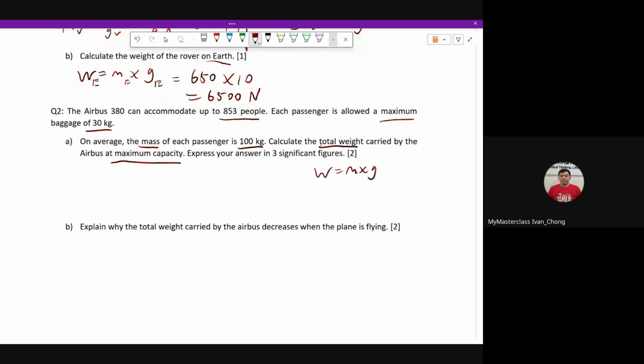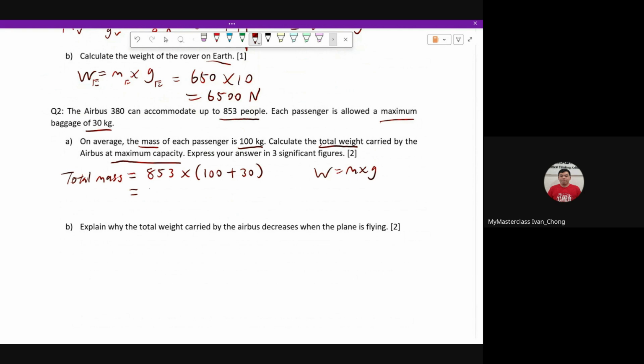So we need to find your total mass. So total mass itself, first thing, we have 853 personnel. And what happens? Each of them is 100 kg each, and they carry 30 kg for max capacity, which means I will have a very large number.